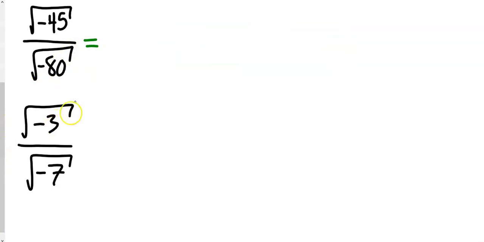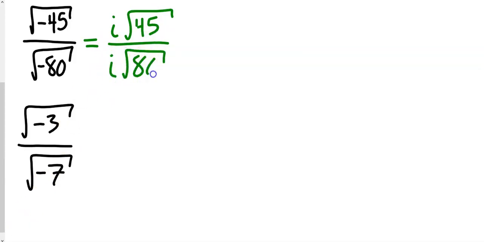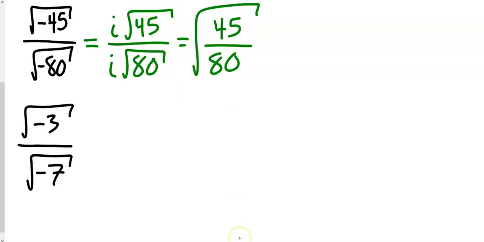So now here, we've got the i popping out. Square root of 45 stays. We've got an i popping out. Square root of 80 stays. And again, the i's are going to cancel out, which leaves us with 45 and the 80. I'm going to go ahead and put these back together, because if I tried to take the square root of those as individuals right now, the square root of 45 doesn't work.